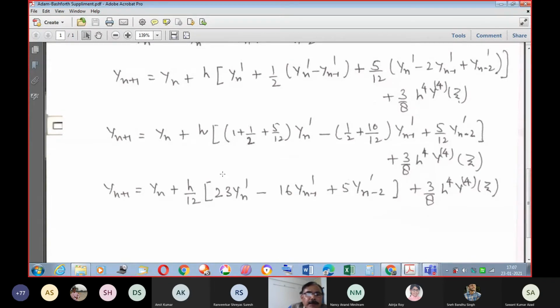So it is your yn plus 1. The next method is yn plus 1 equal to yn plus this thing. It has yn prime, yn minus 1 prime and yn minus 2 prime. So n equal to 0 is not going to work. n equal to 1 is not going to work because n minus 2 is also there, right?